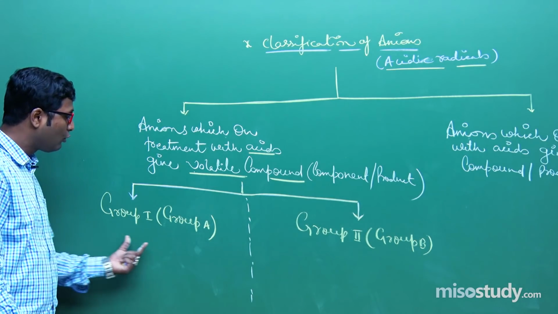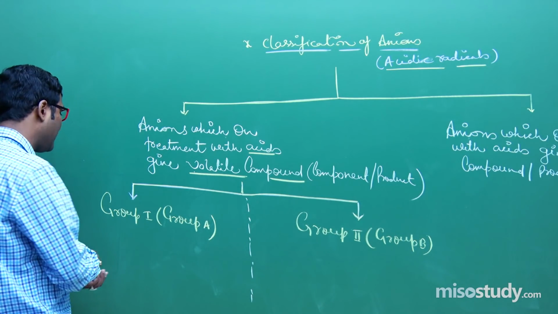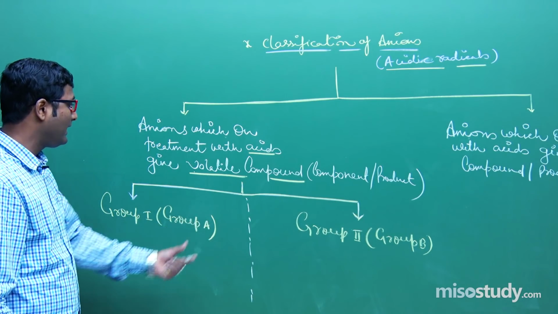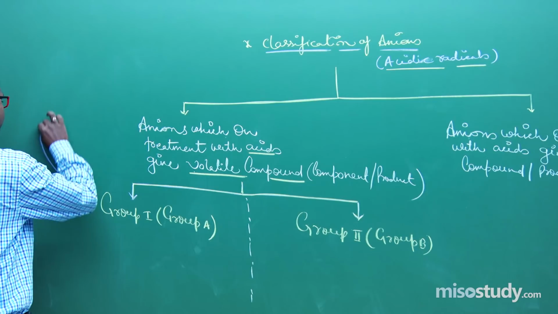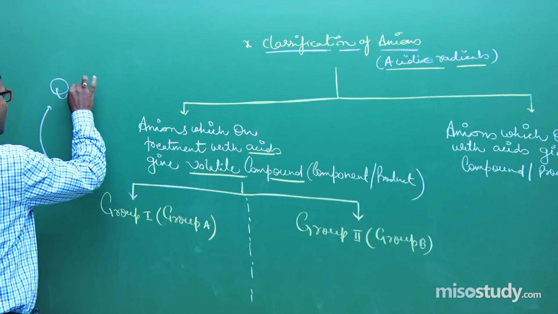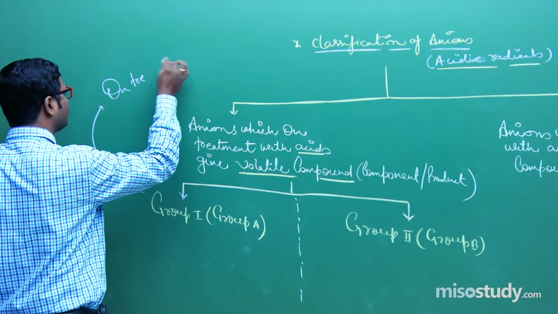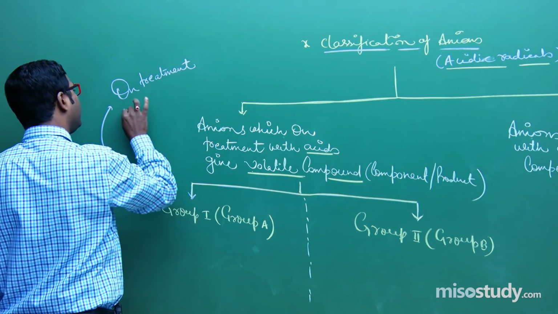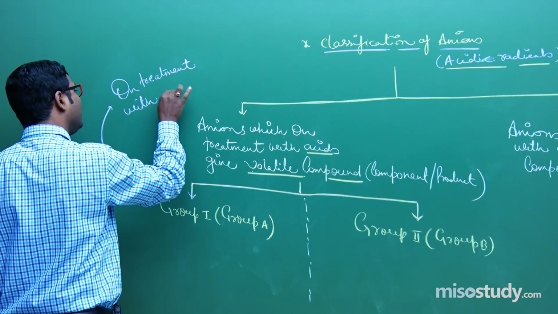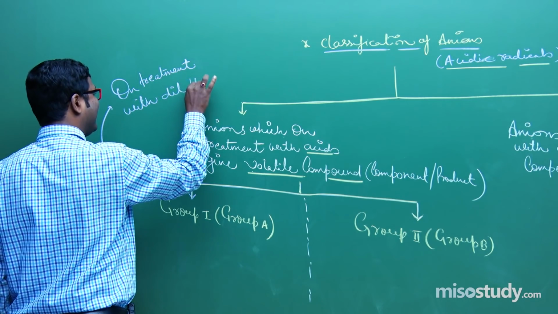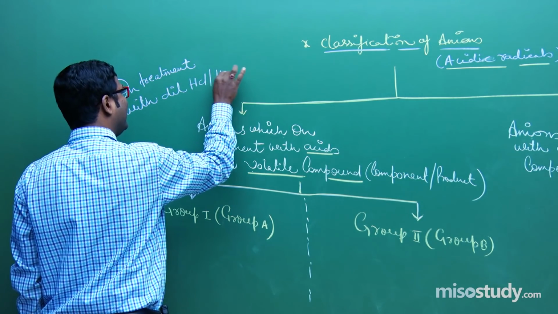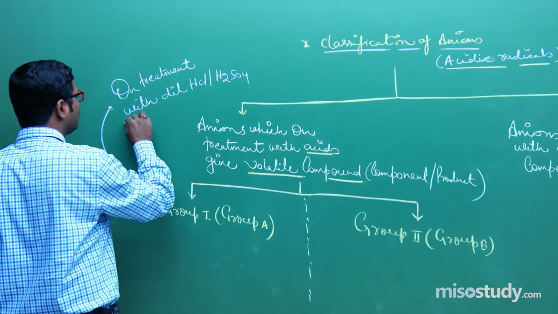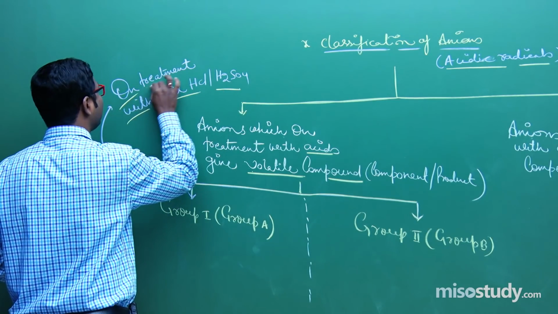Look at group 1 and group A. How to classify this further? Now group 1: on treatment with dilute acid like dilute HCl, dilute H2SO4, this confirms its presence.